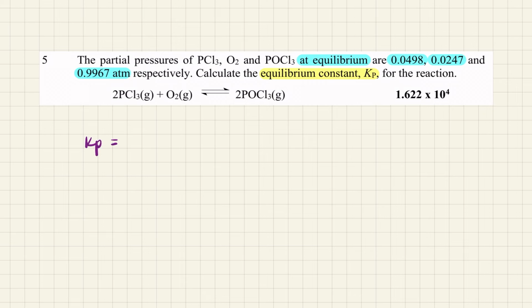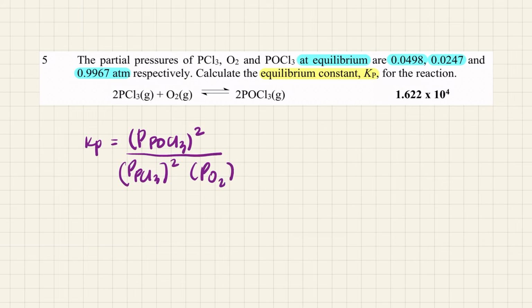Okay, so your expression will be partial pressure of POCl3 squared, and then you have partial pressure of PCl3 squared and partial pressure of O2. Alright, so this is your Kp expression.